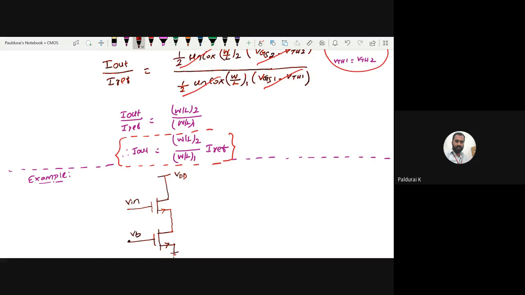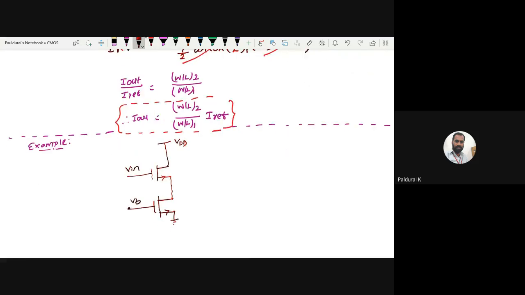Here I am measuring this current. This current is my output current. This output current should be some 100 microampere. I am having one golden current source here, which is 50 microampere.